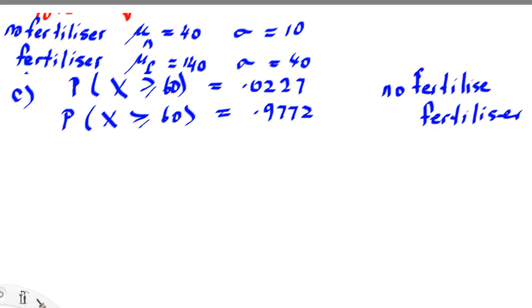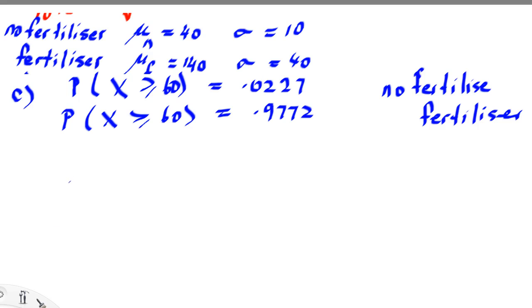So the probability of selecting the first one is 0.0227, and 'and' means we've got to multiply the probabilities together.